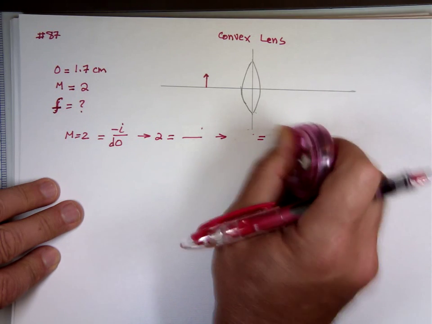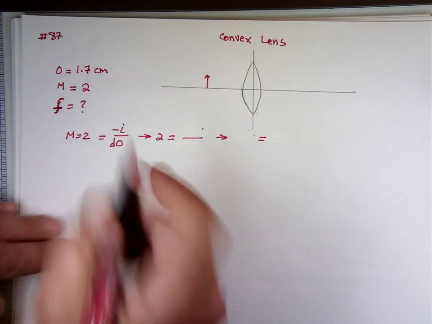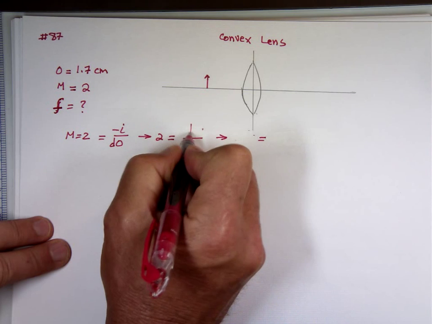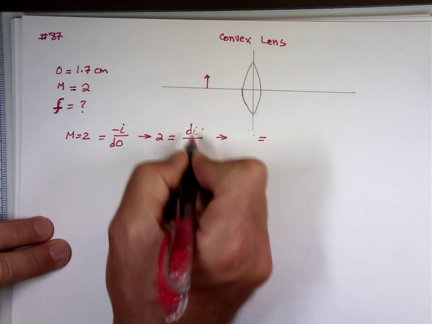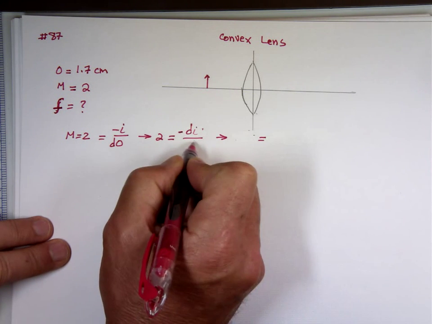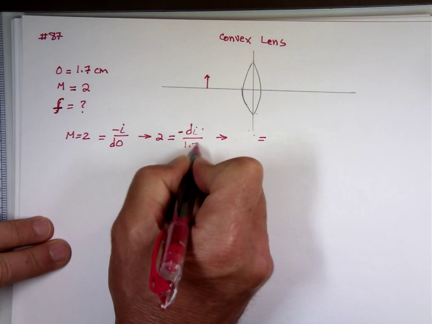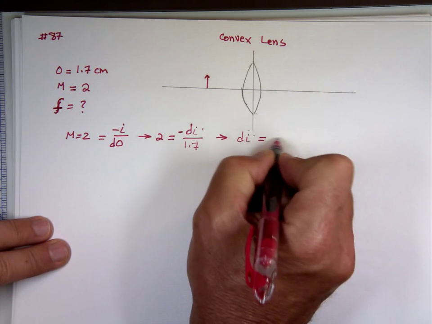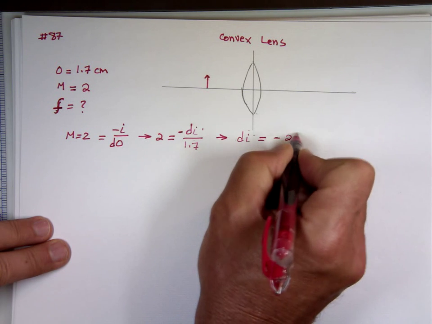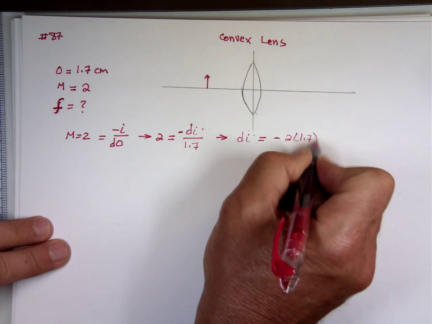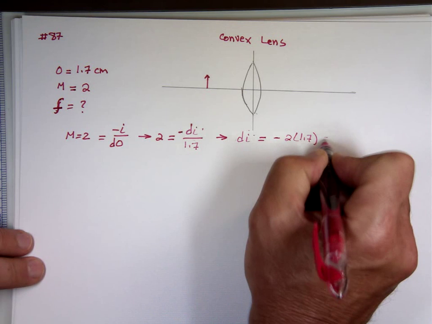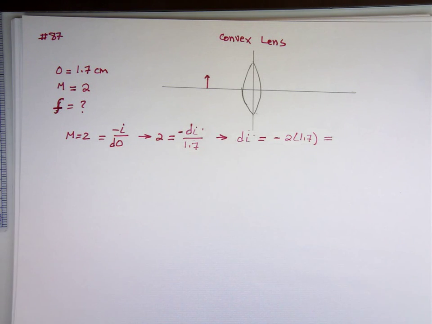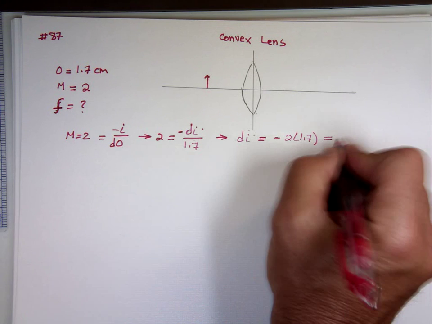Distance of the image, negative here, over distance of the object, which is 1.7. So distance of the image equals negative 2 times 1.7, which is negative 3.4.